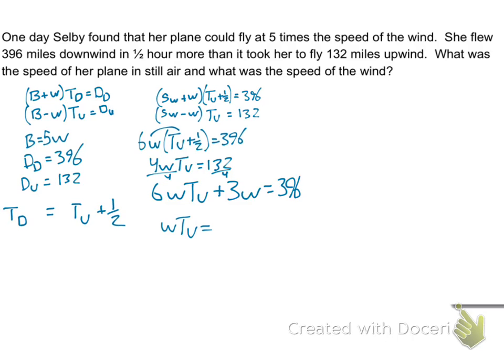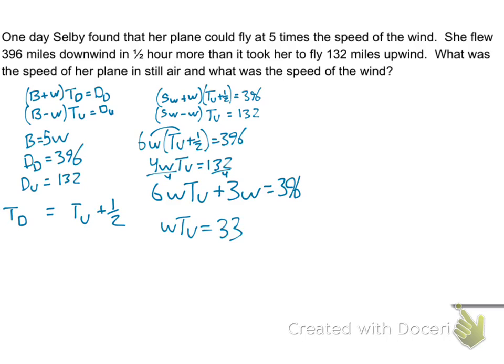Anyone verify that or no? 30? 132 divided by 4. 33. Oh, it's a good thing I had someone verify that. It's 33.